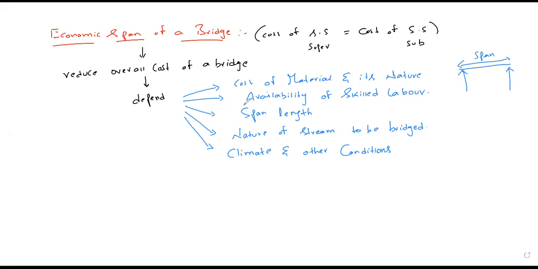So apart from that, basically, are these going to be in the hands of an engineer? Can we change any of these? Tell me. Cost of materials, availability of skilled labor, span length. Can we change all these things to reduce the cost of the bridge? No, we can't change them, right?